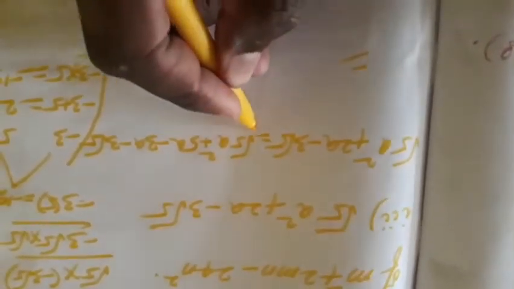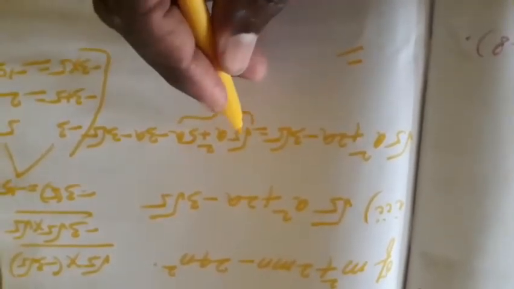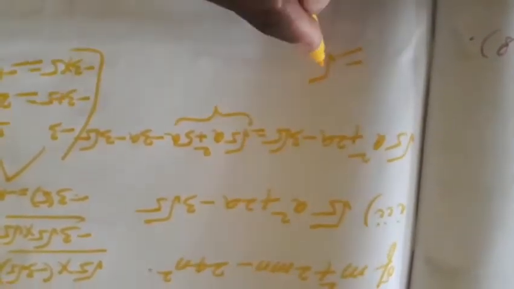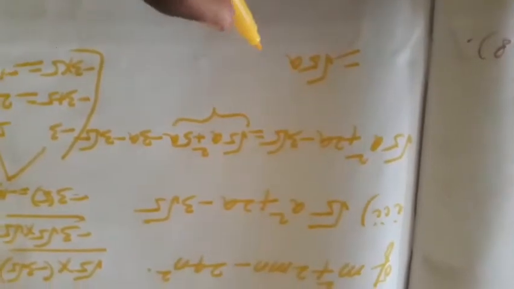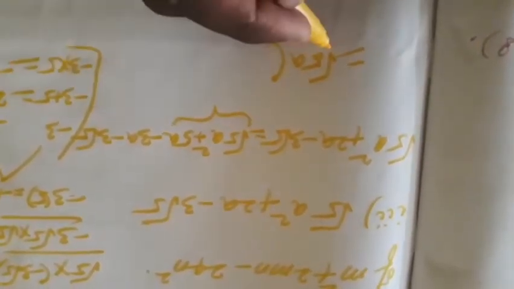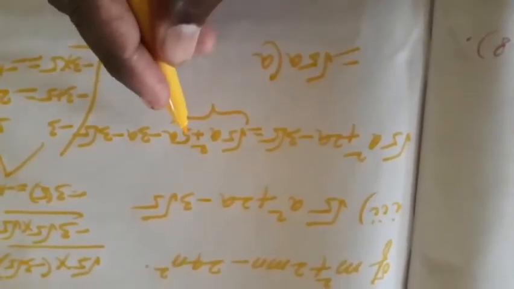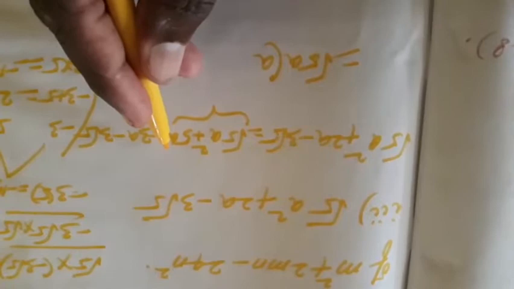Next, grouping the first two terms, what is common? a is common, root 5 is common. Root 5 into a taking outside, the remaining is a only, and for the other term, the remaining is 5.